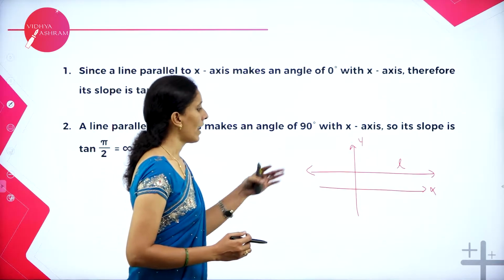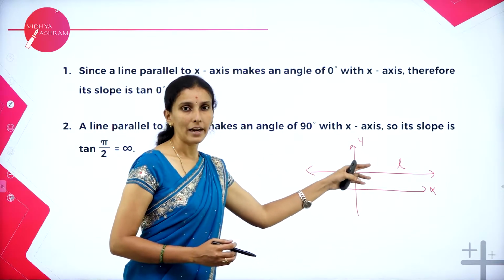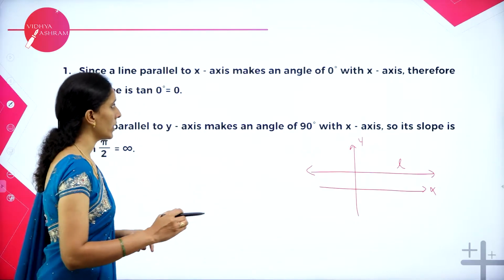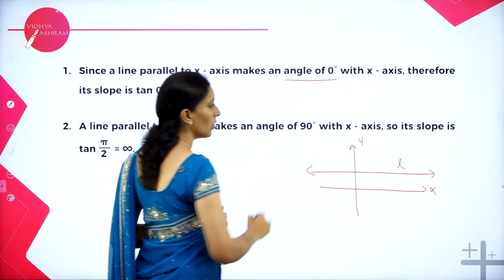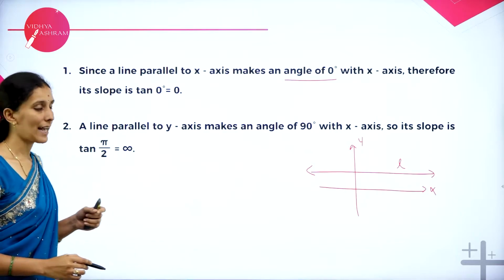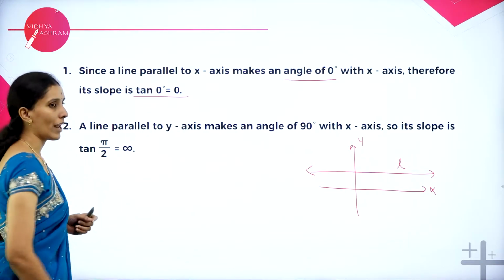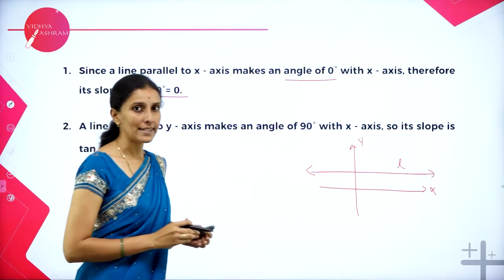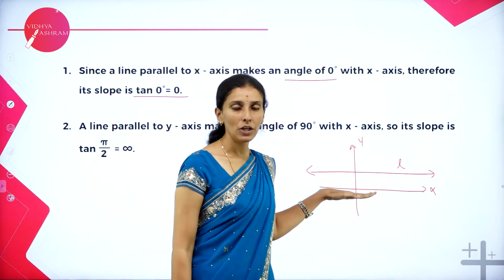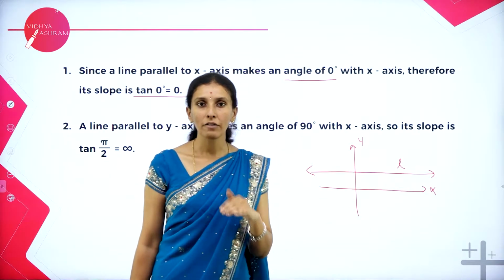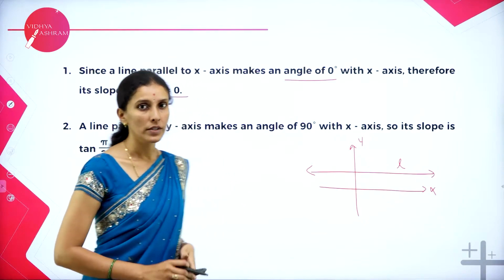That is why the angle created by the line L is 0 degrees. So the angle is 0 along with the x-axis, and therefore tan 0 is 0. So we can say a line parallel to the x-axis has its slope equal to 0.